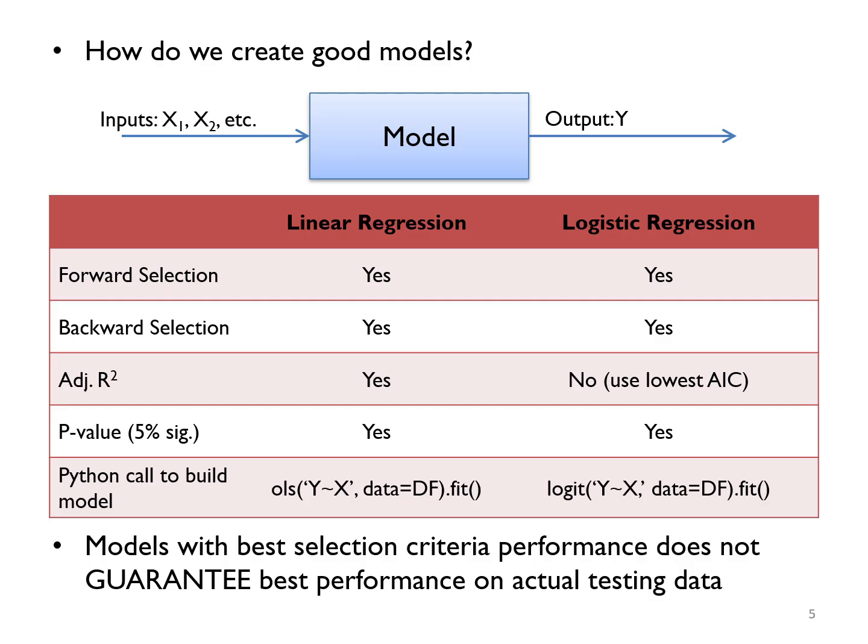This one's a lot quicker and easier to implement, in the sense that all you have to look at is a p-value, and if it's over 5%, you remove it. If you're doing backward selection, you're removing the variable with the highest p-value.